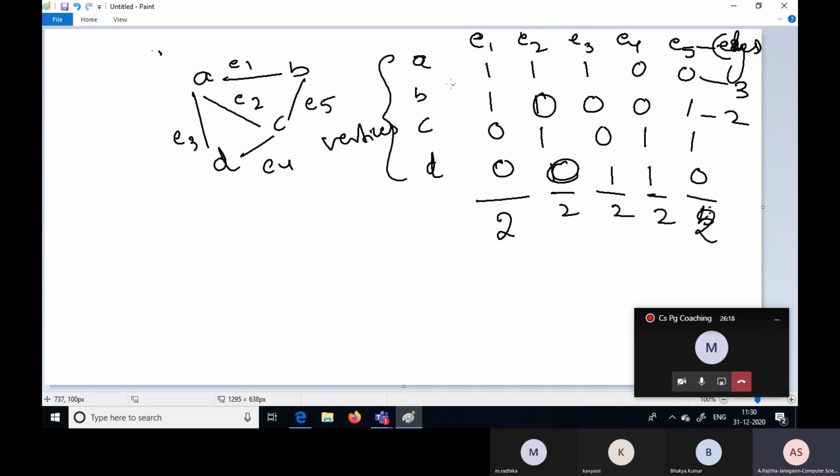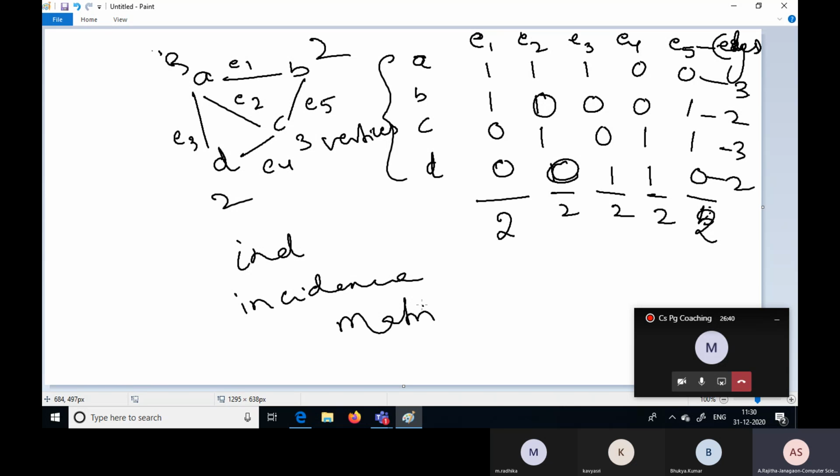This gives only the degree. So the degree of A is 3, the degree of B is 2, the degree of C is 3, and the degree of D is 2. So this is called the incidence matrix. Okay.